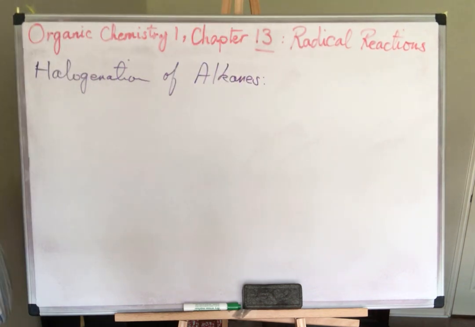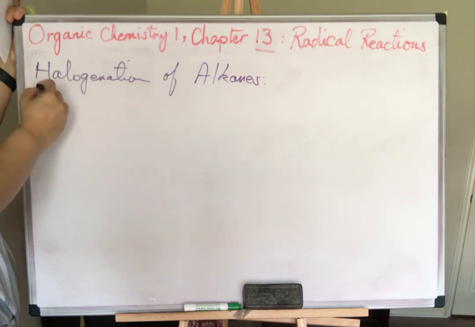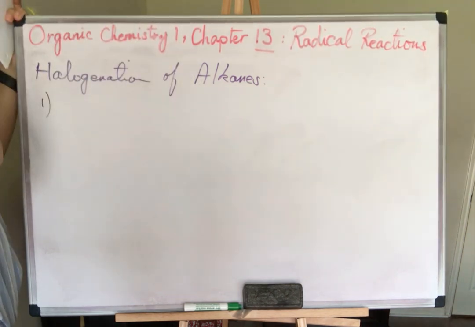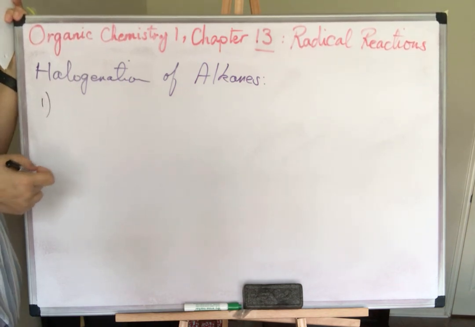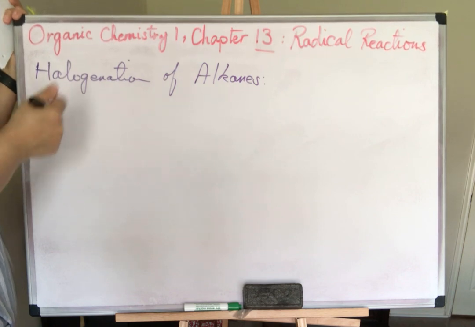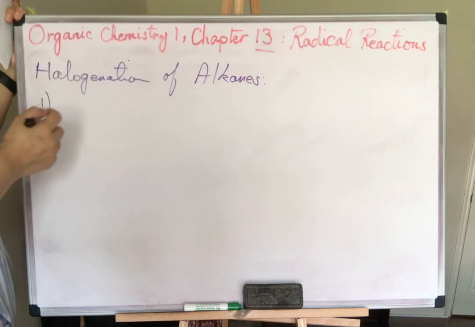You definitely need UV light or heat as the catalyst, because it's difficult to force alkanes to react. They all have single bonds, they're fully saturated, and they do not want to react.